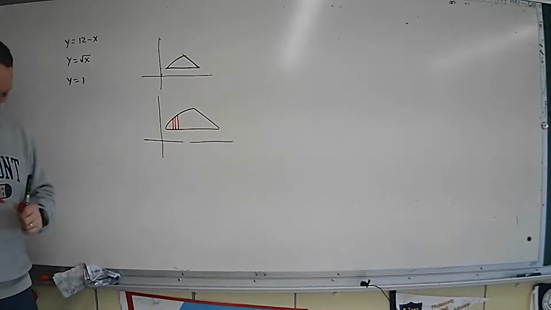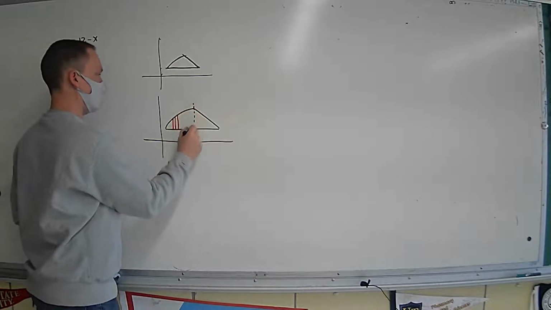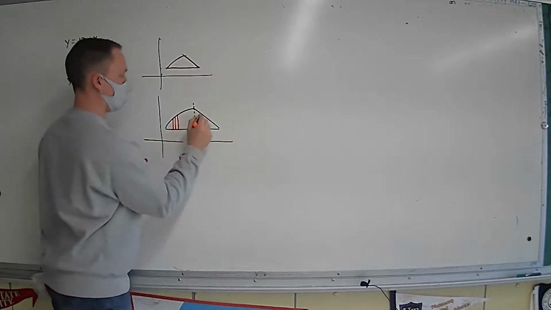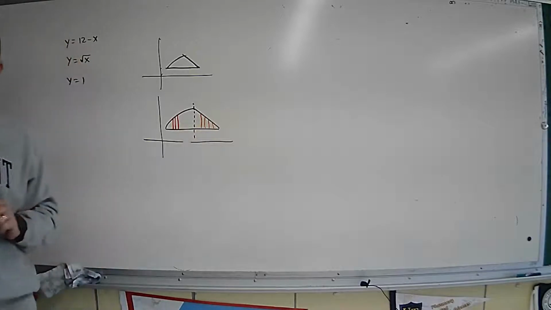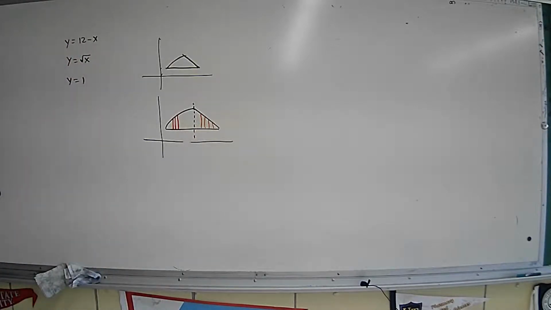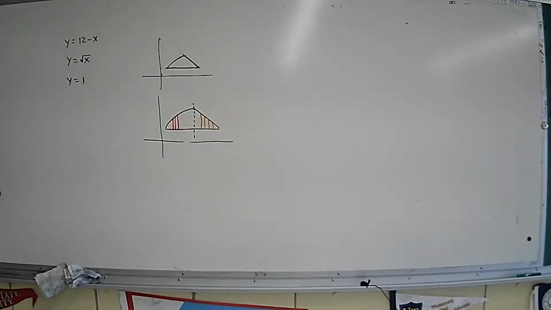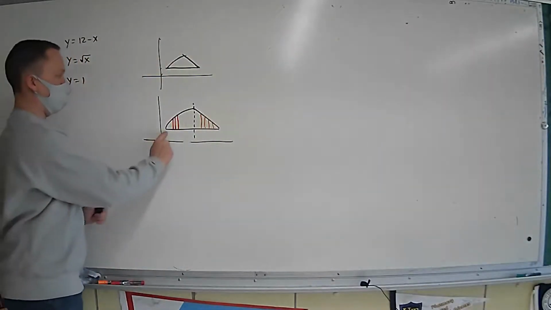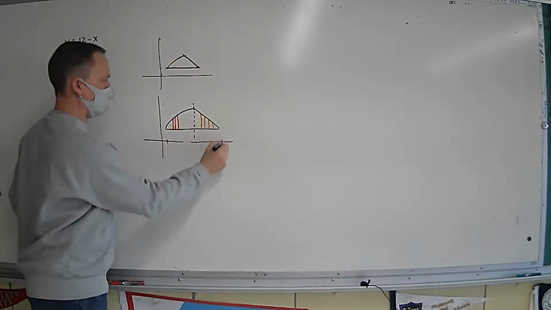But something happens right there. It switches. Something else is on top. So if you're going to do this with respect to x, you've got to break it into two separate intervals. It might be helpful if we have these points of intersection. I think this one is 1.